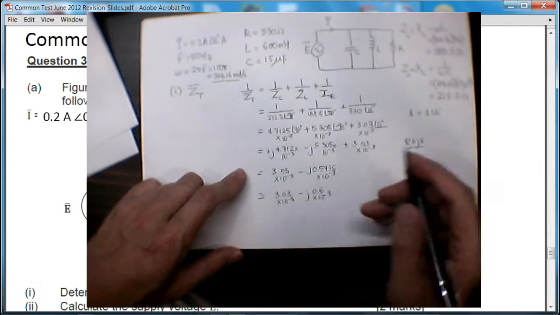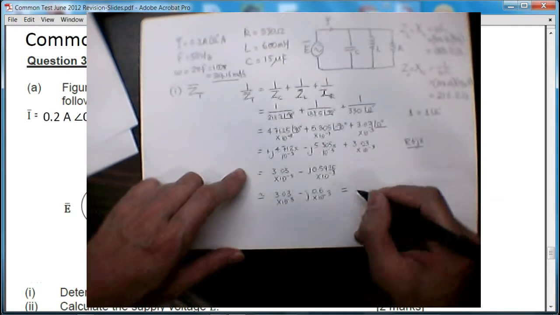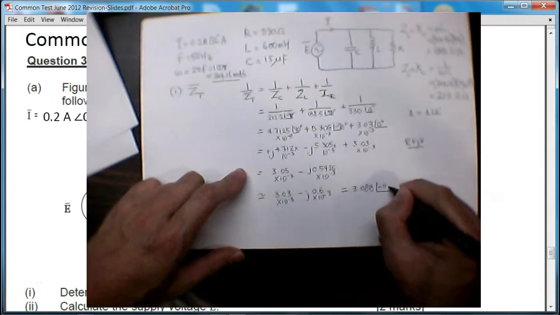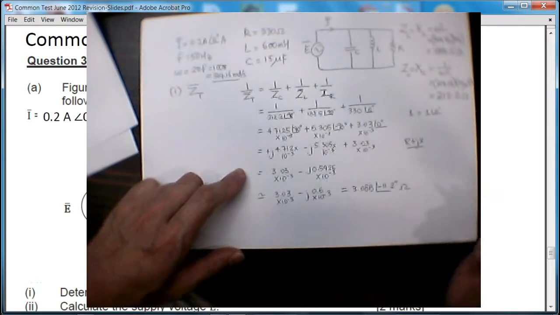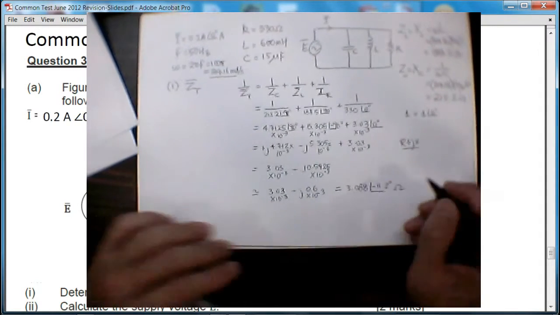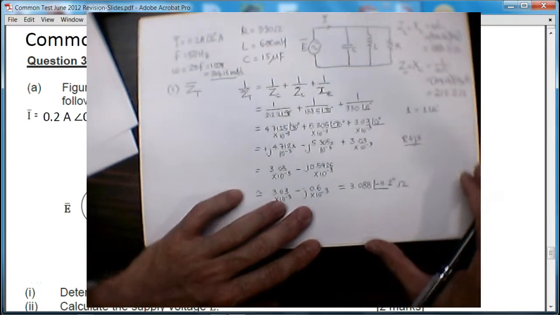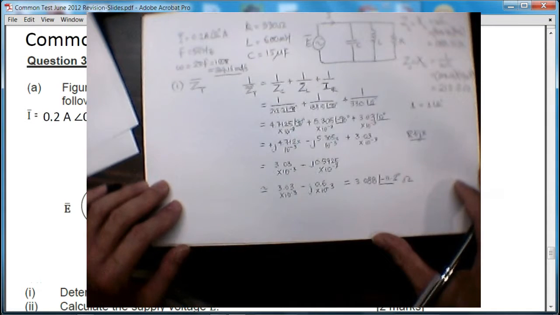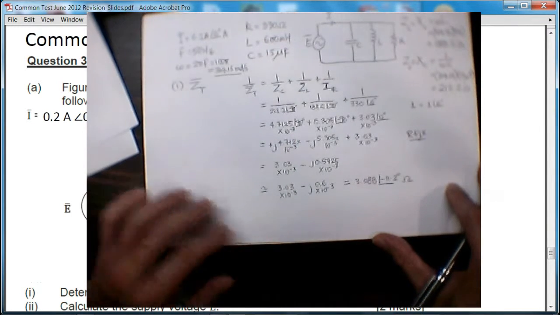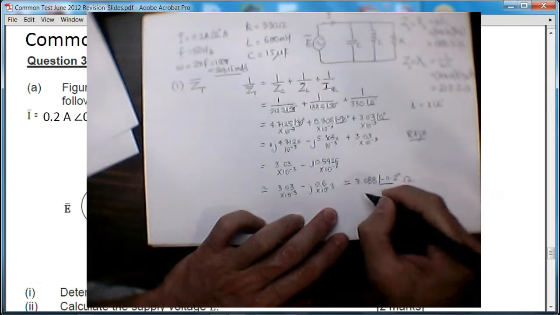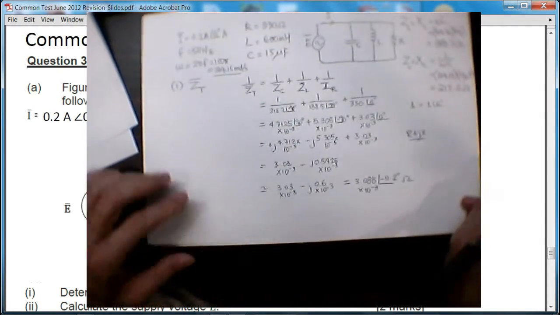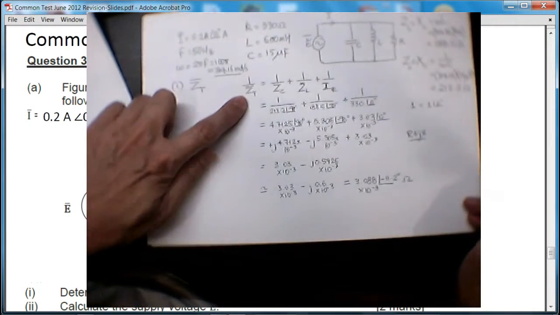Now I convert this back to the polar format, which gives me 3.088 angle minus 11.2 degrees, times 10 to the minus 3. I forgot there's another 10 to the minus 3.